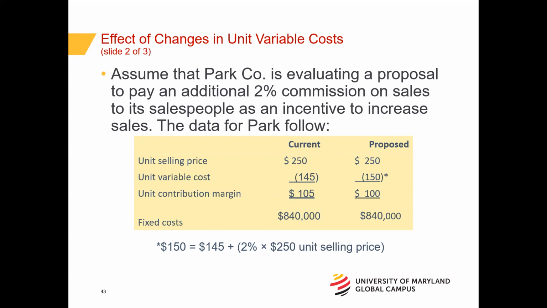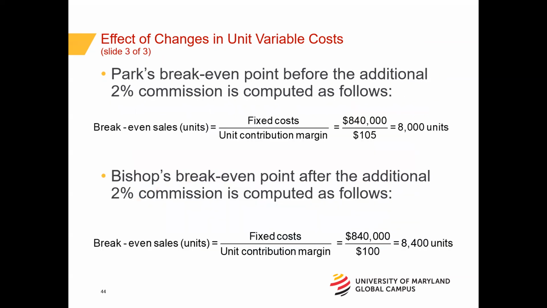So we can see that my unit contribution margin went down. What does that mean when that happens? It means I got to sell more, right? So before the 2% increase, fixed cost 840 divided by unit contribution margin of 105 equals 8,000 units is what I need to sell.